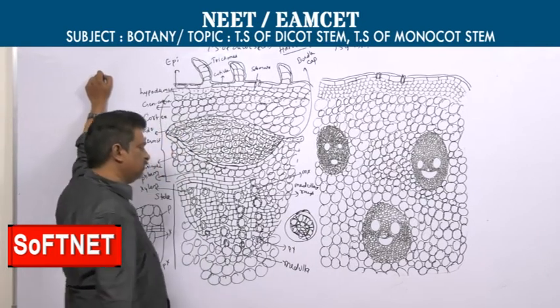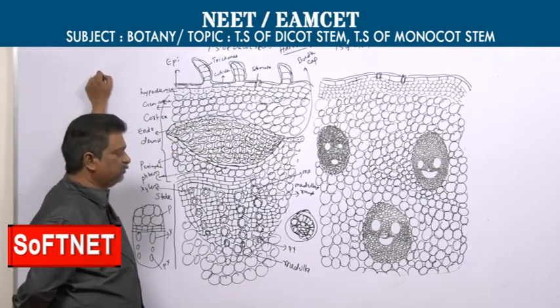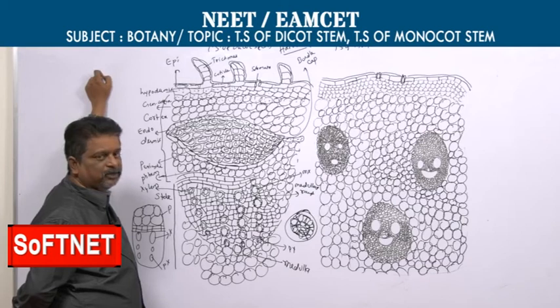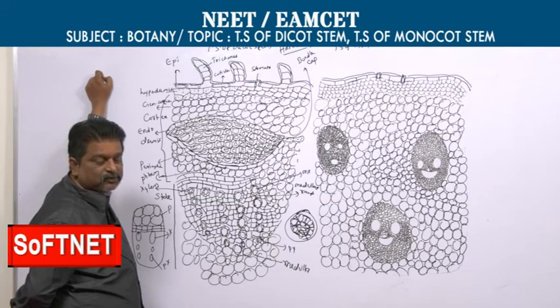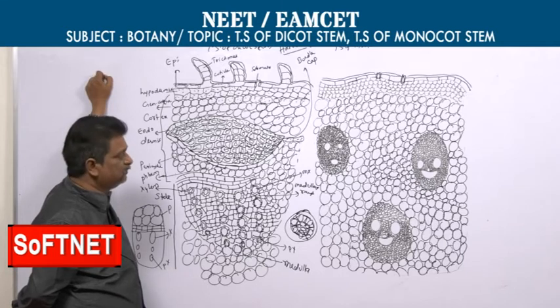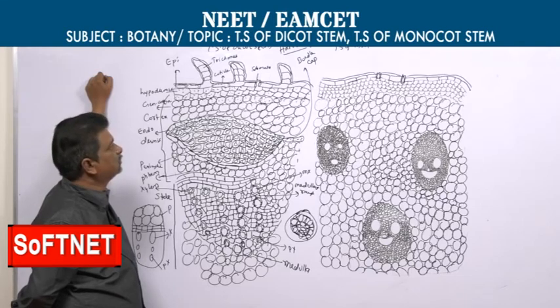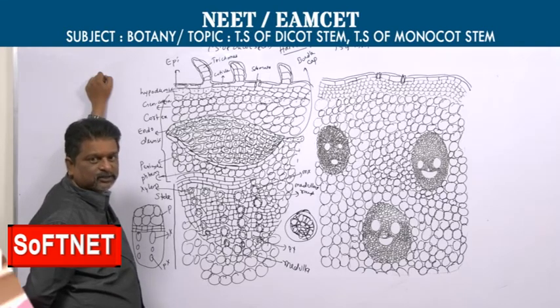That interfascicular cambium is formed from medullary rays by dedifferentiation, so it is secondary meristem. This intra and interfascicular cambium join to form vascular cambium. So, this is the structure of dicot stem.